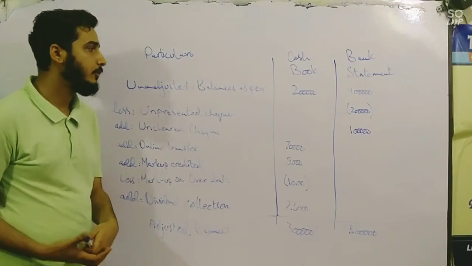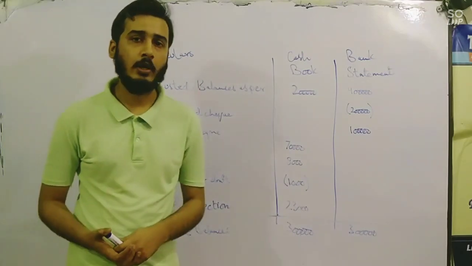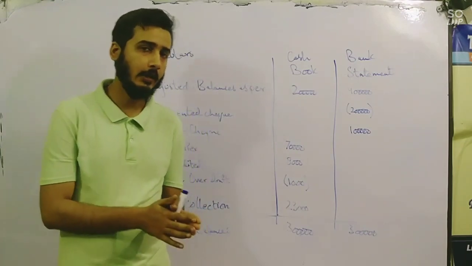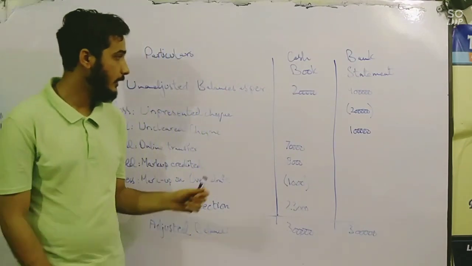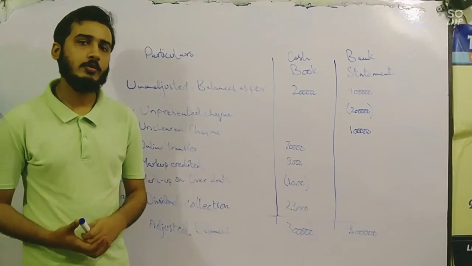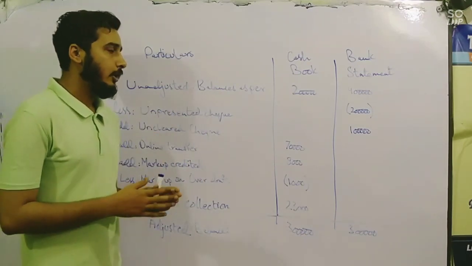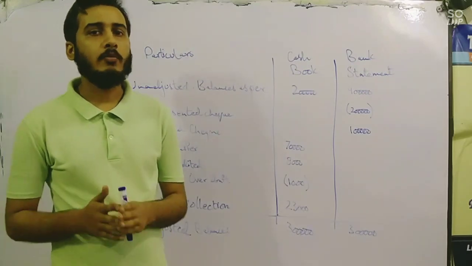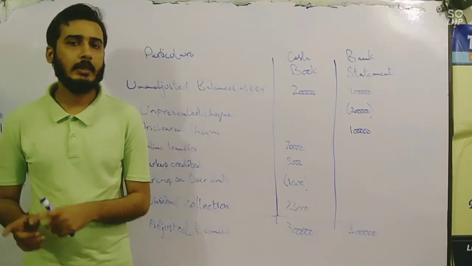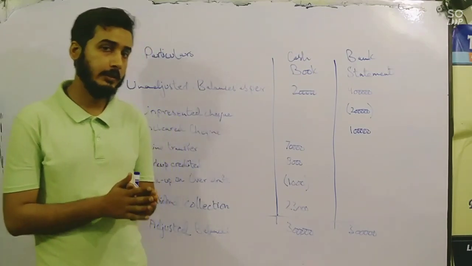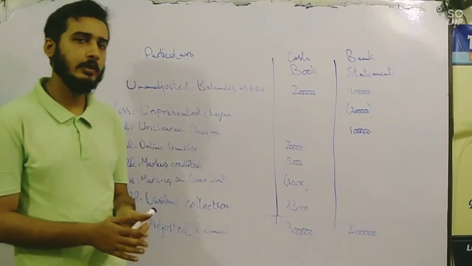Here we have the unpresented check, 200,000. In the question it was written that the company issued a check of 200,000 and it was not presented to the bank. At the time my company issued the check, it would have deducted that check from its books, but the check has not been presented to the bank for some reason.